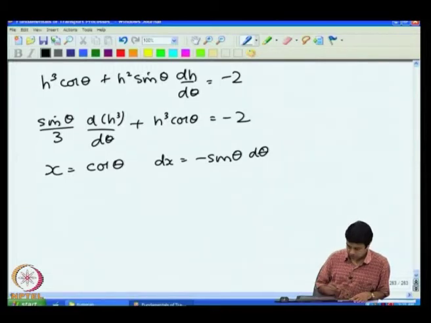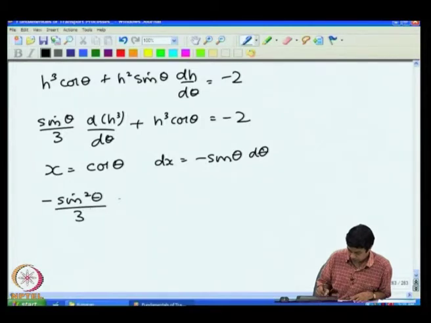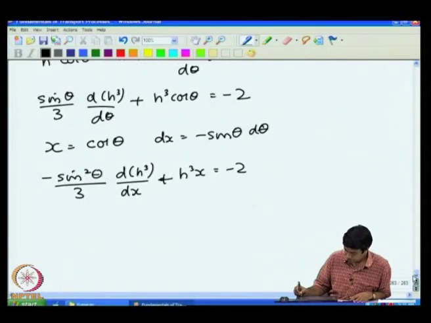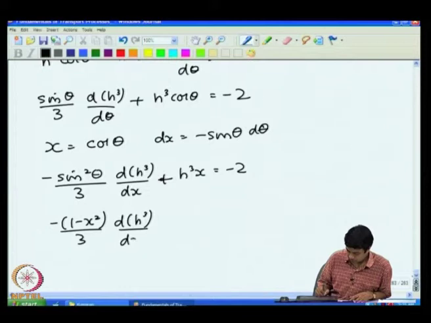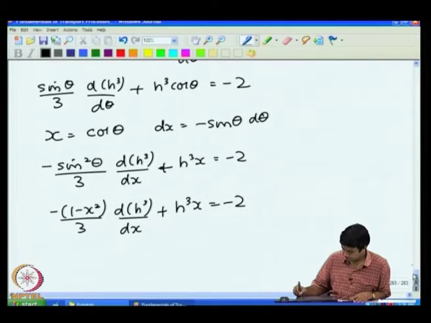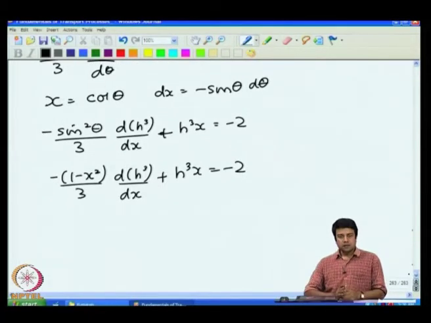So, with this substitution, this will become minus sin square theta by 3 d of h cubed by dx plus h cubed x is equal to minus 2, or minus of 1 minus x square by 3 d of h cubed by dx plus h cubed x is equal to minus 2. So, this is an inhomogeneous equation that we have to solve for h cubed.